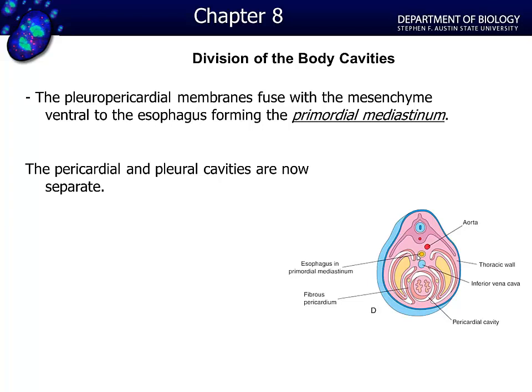So that by this point, we have our pericardial cavity, have separated it from what's going to be our pleural cavity. And if you've had comparative anatomy, in the shark, we have our pericardial cavity, and the other big cavity is referred to as our pleural peritoneal cavity. And that's really what we have left. Until we form the diaphragm, we're not going to further partition that off.